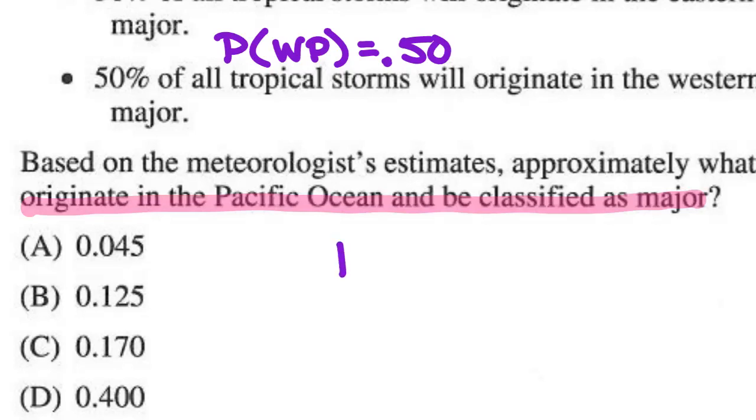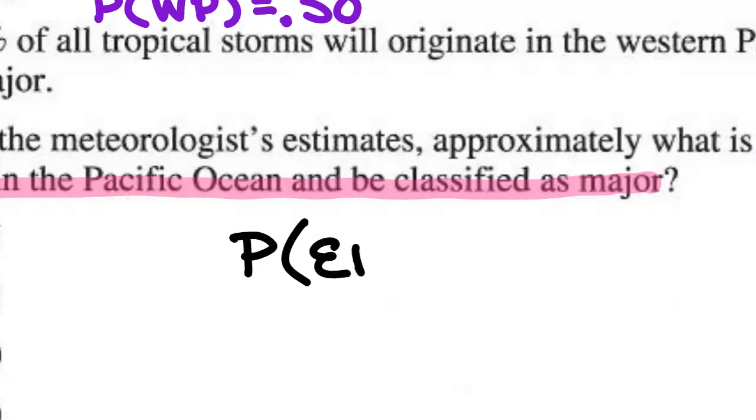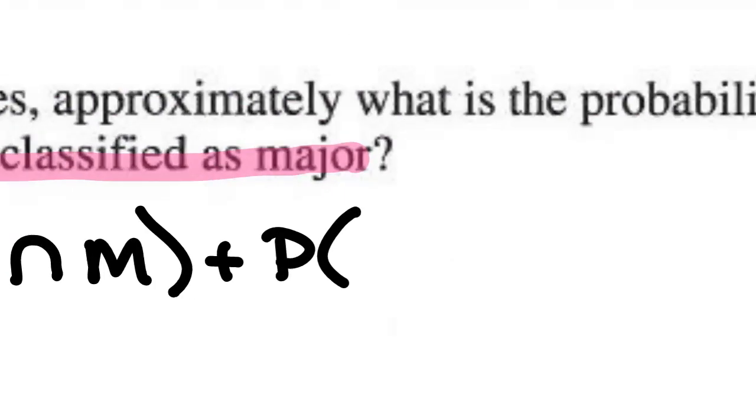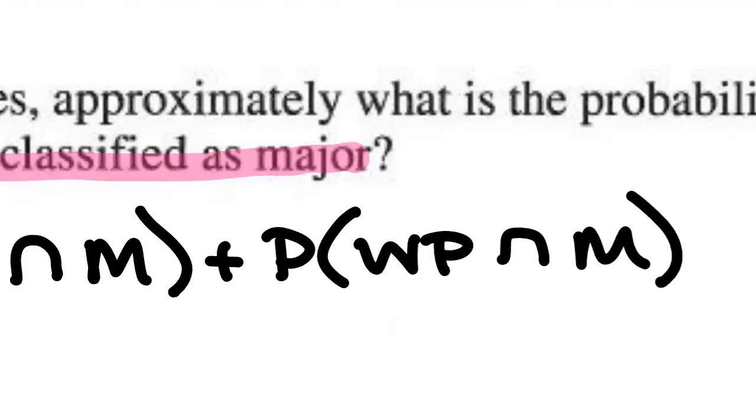So I want the probability that it is Eastern Pacific and a major storm, together with the probability that it originates in the Western Pacific and is a major storm. I can just add these two together without worrying about subtracting anything back out again, because these are mutually exclusive.